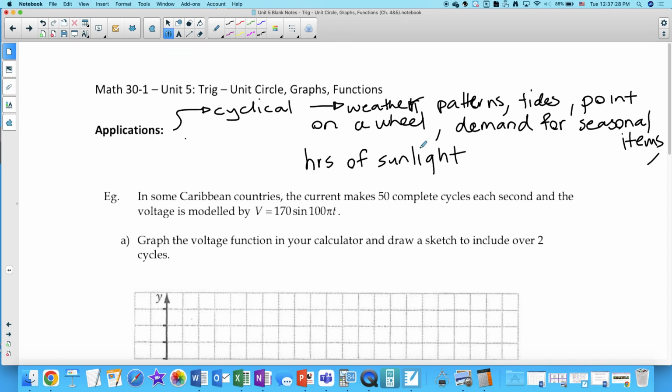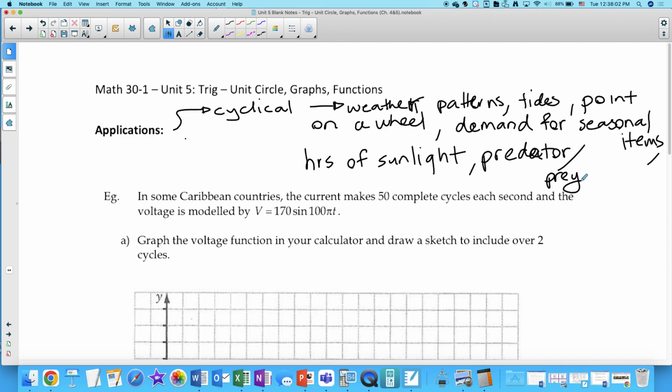One of my favorites, actually, is the predator-prey relationship. Right? So think about coyotes and rabbits, right? Let's start with lots of rabbits and not very many coyotes, right? So the coyotes have lots of food, so they're going to eat lots of rabbits.